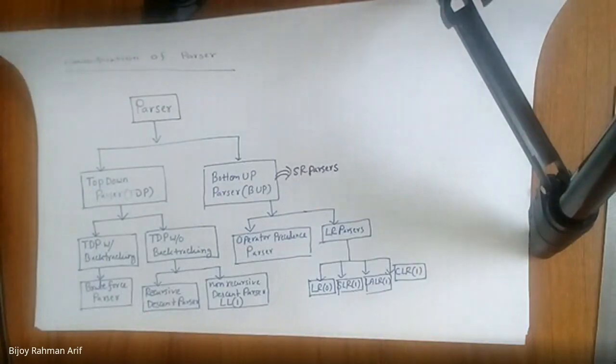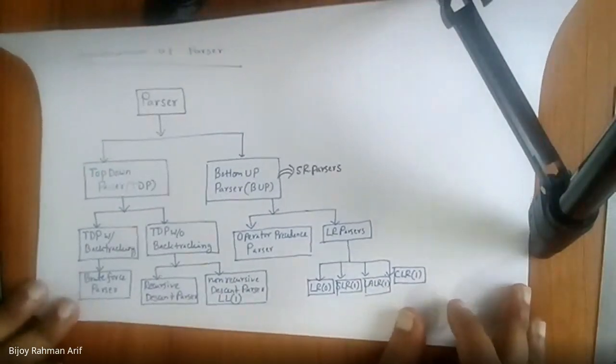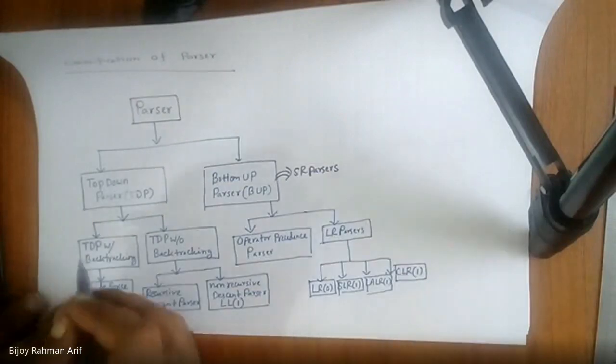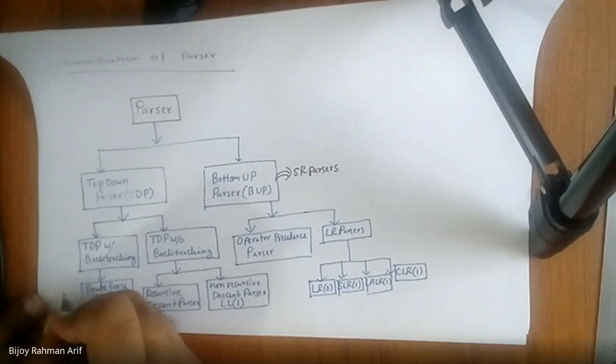Now let's go over here. Let's deal with this more. The first thing is brute force parser. Brute force parser cannot use any ambiguous grammar.